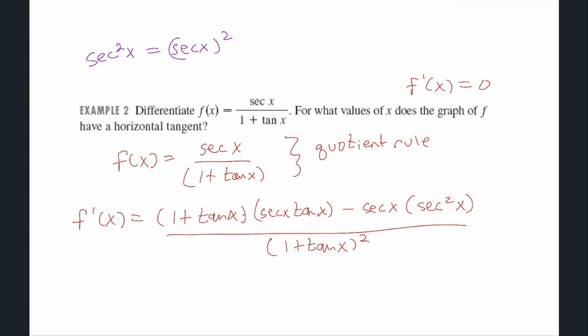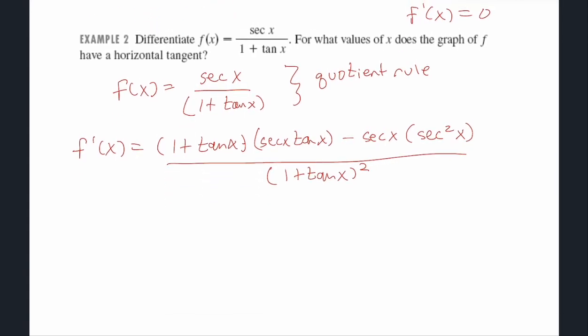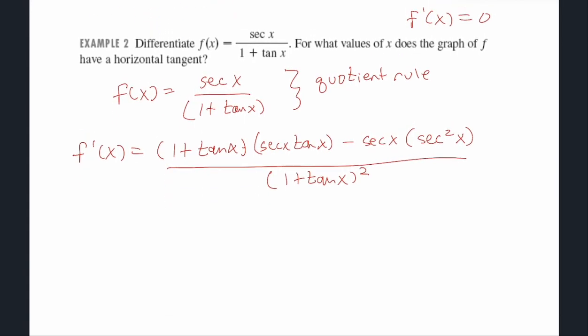Well, what's great is a fraction only equals 0 if the top is 0. So we don't care about the bottom. We are just going to focus on where does the top equal 0. And I'm going to multiply it out a little bit.